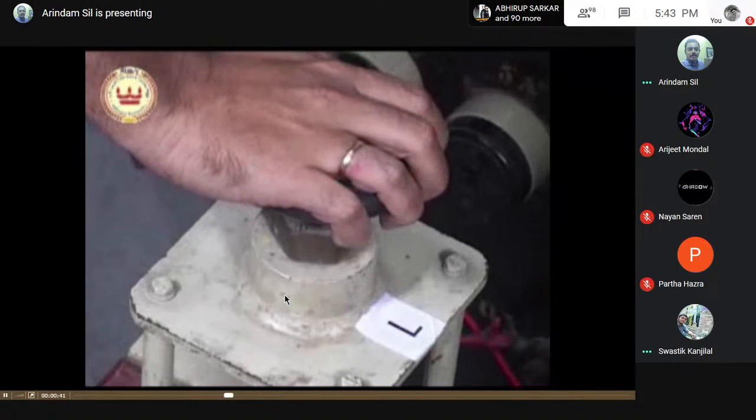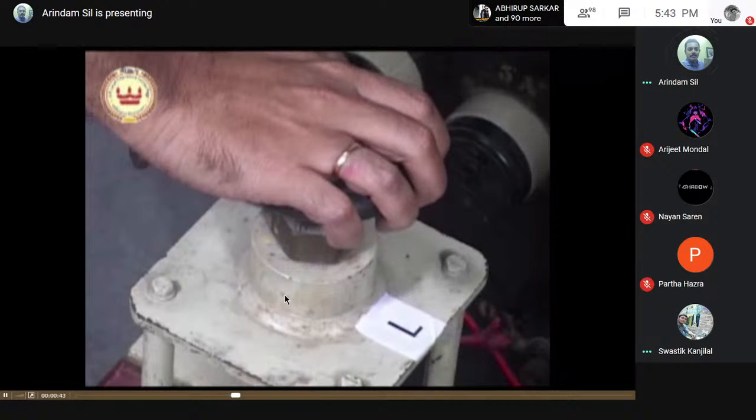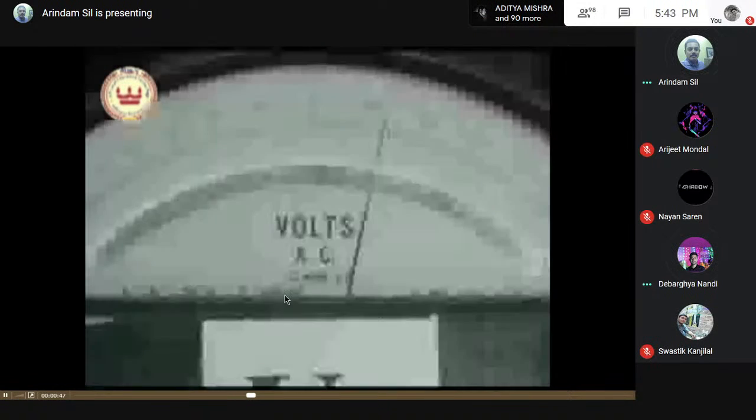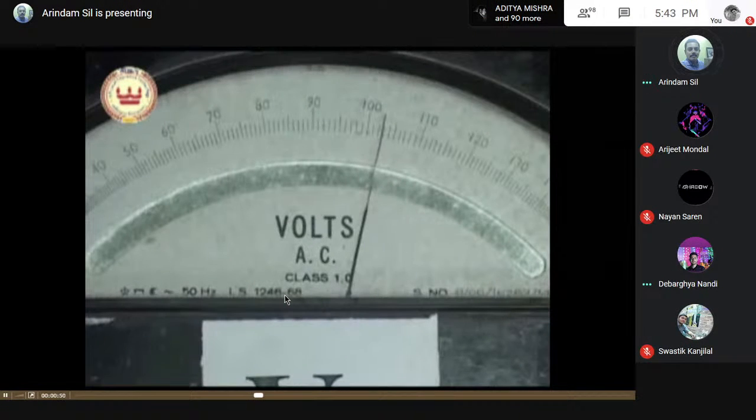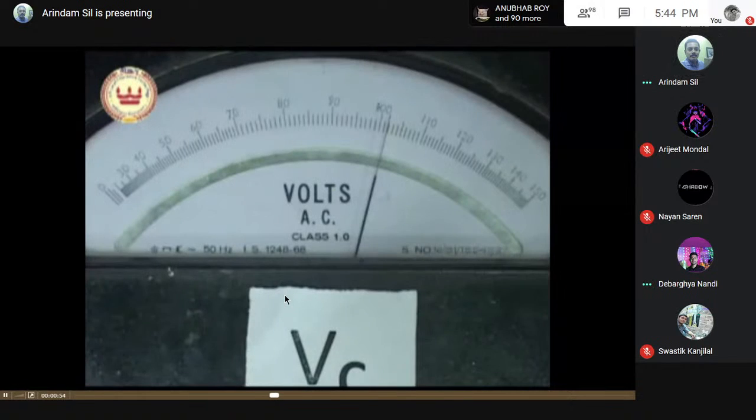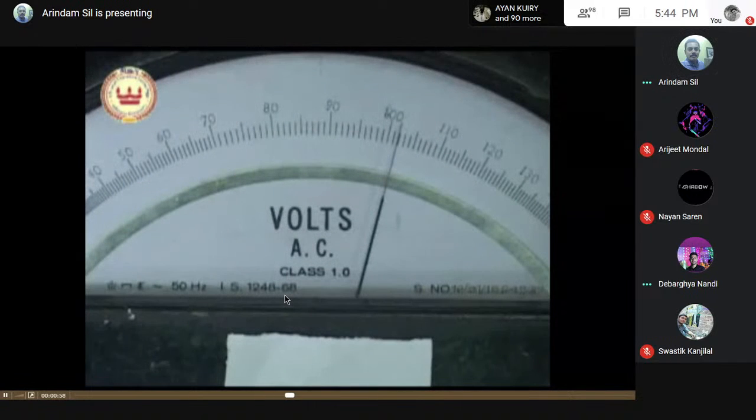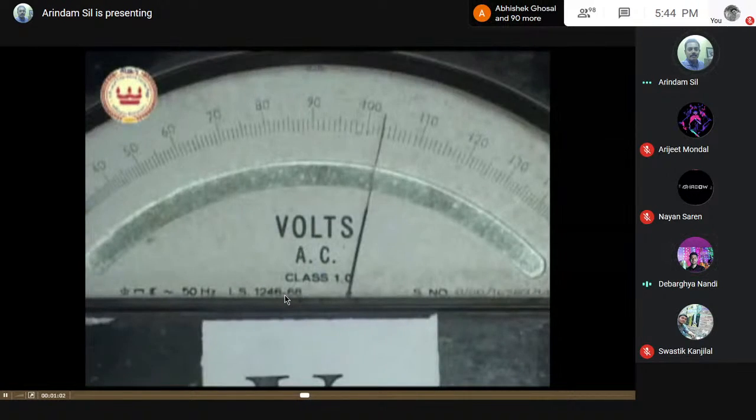Can you see that? Yes, sir. See, the voltage value is coming around. Source voltage has been kept at 110, lesser than 110. Yeah, 102.